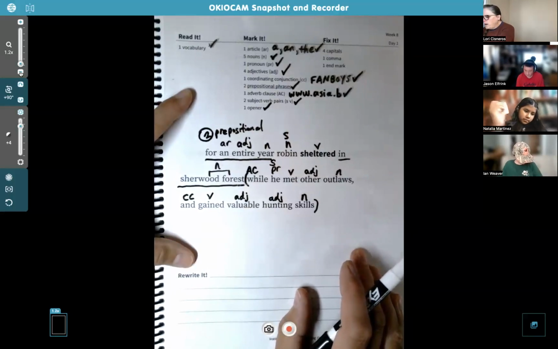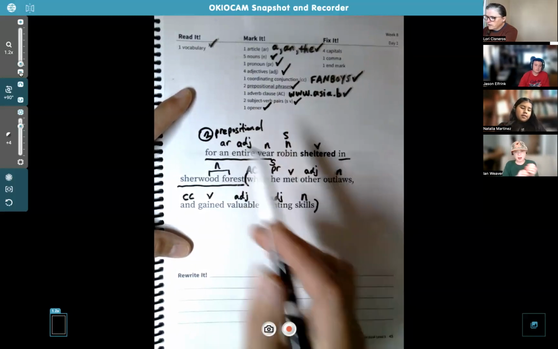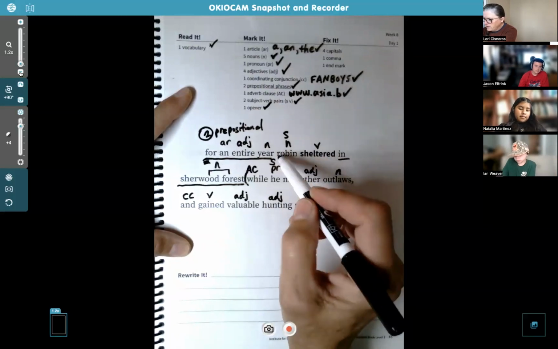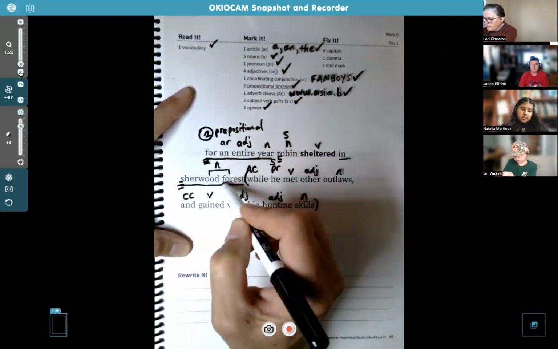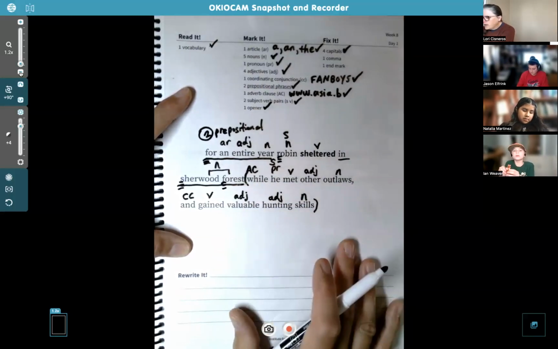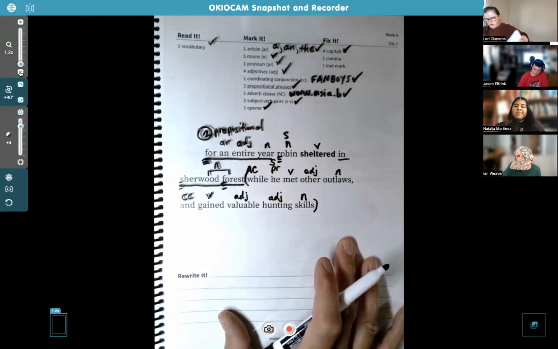Okay, Natalia, how about the capitals? For. Good. Robin. Good. Sherwood Forest. Yep. Those are the 4. Now, comma, we either have one that we need to put in or we need to take one out. So Ian, do you know what we need to do there for the comma rule?